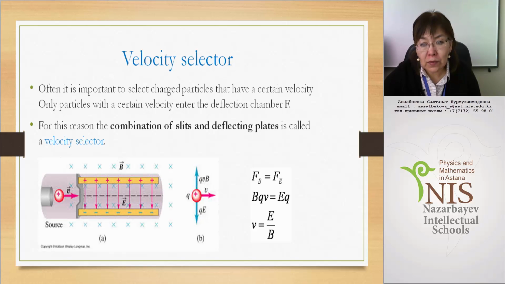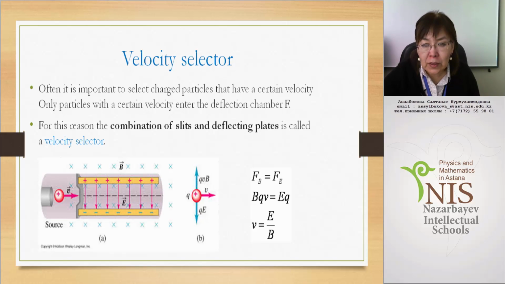In this case, the electric field will deflect the positive charge particles one way and the negative charge particles the other way. But if you now switch on the magnetic field, it changes the initial direction of the charged particles.